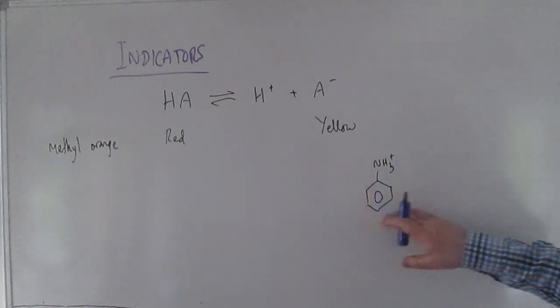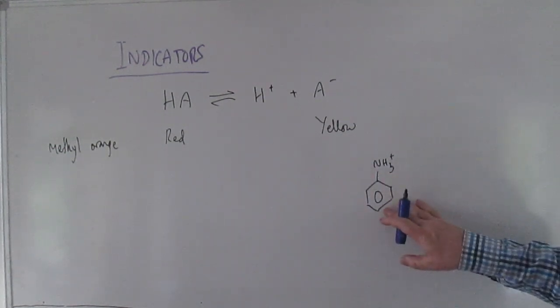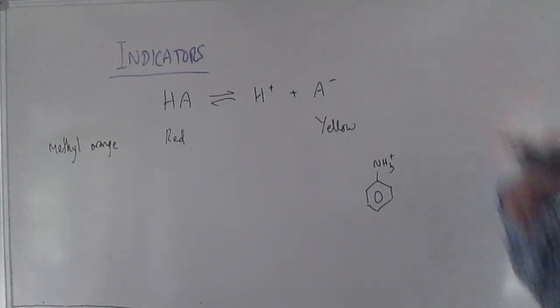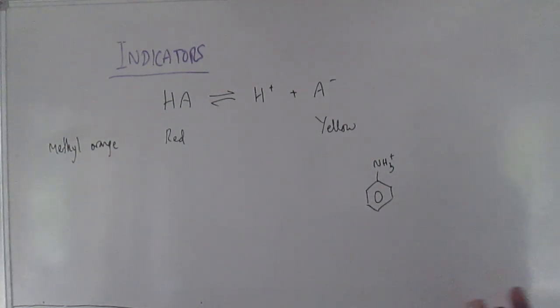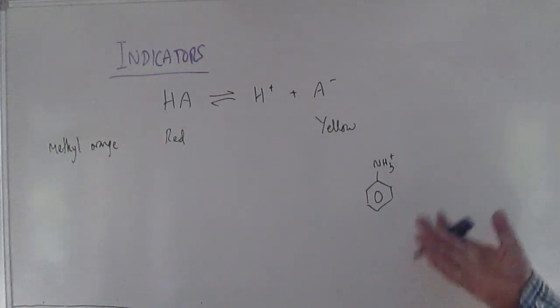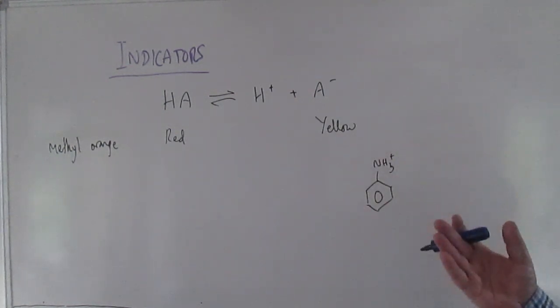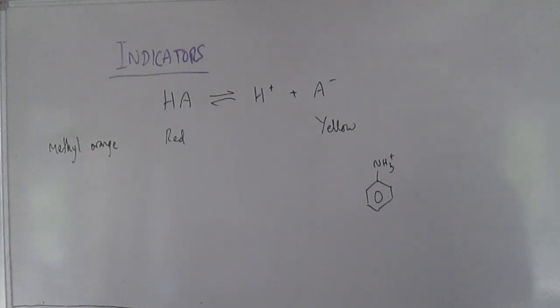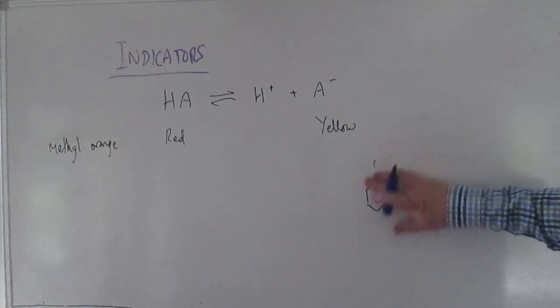So it changes the pi electron distribution in the ring, and that will change the energy required to excite those to an excited state, and that will change the colour. So it's not weird that indicators should change colour, because it's kind of what you expect to happen if you have a delocalized pi system like that.